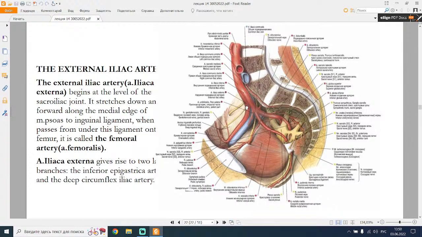It stretches down and forward along the medial edge of musculus psoas to the ligamentum inguinale. When it passes from under the ligament onto the femur, it is called the femoral artery, arteria femoralis.